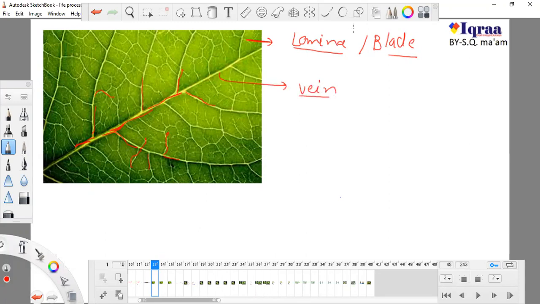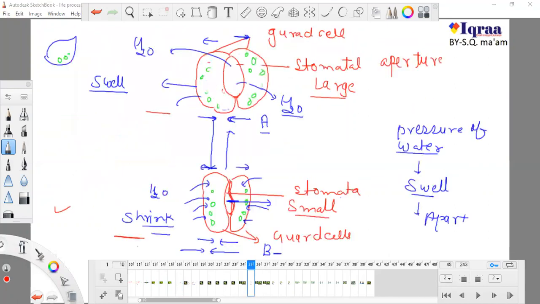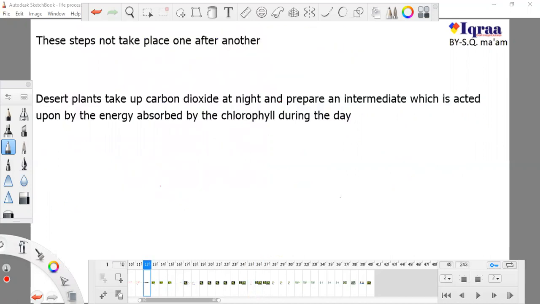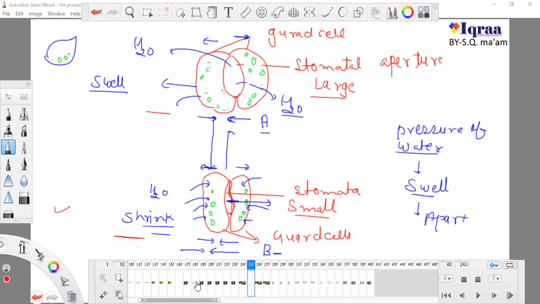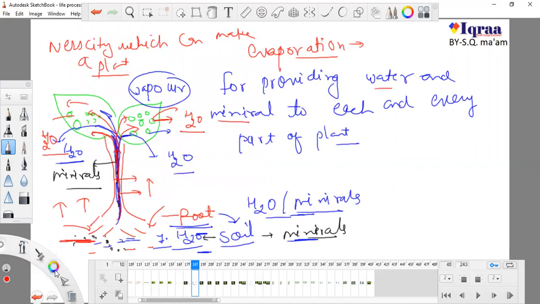They are leaf veins, and these veins are made up of xylem and phloem. If you remember from ninth class, these veins are actually made up of xylem and phloem. We studied that a plant needs to conduct minerals and water.